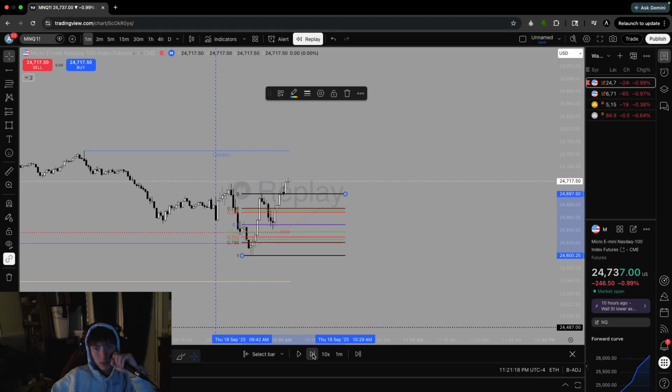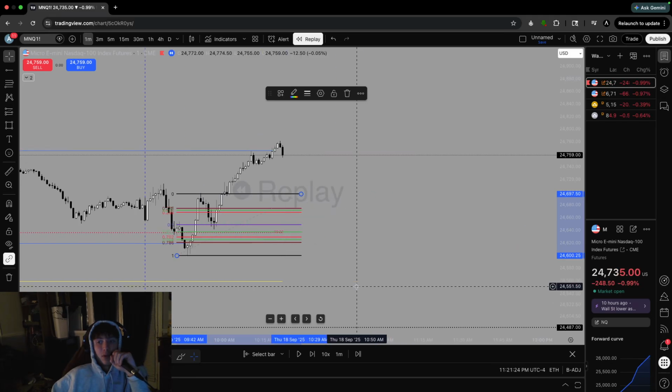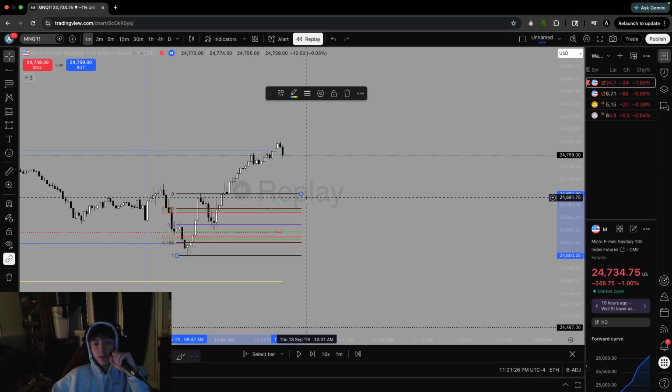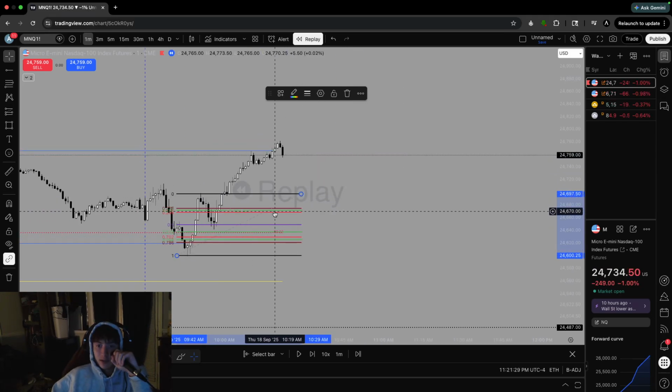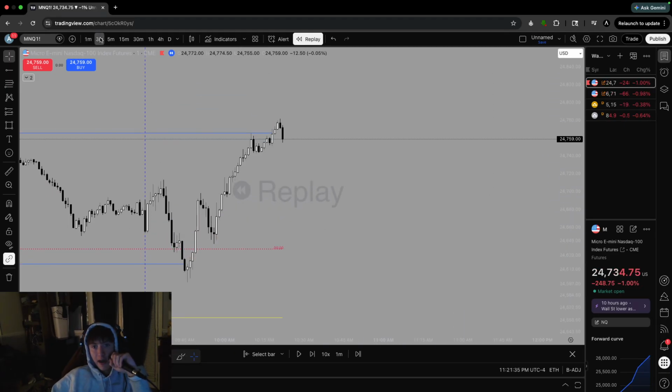Oh, ooh. Now we swept the other liquidity and got another inversion. This is not valid. Following our rules, it did not tap the green, so we do not take it. We're not FOMOing that.